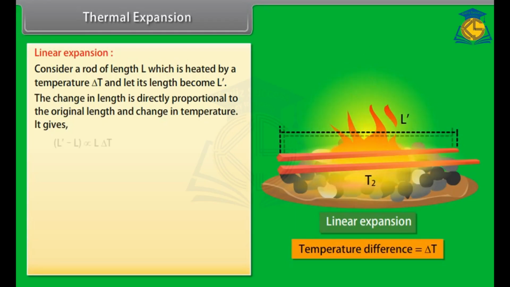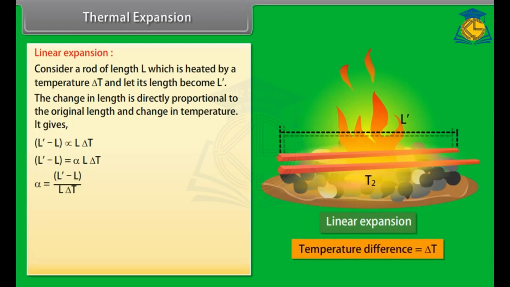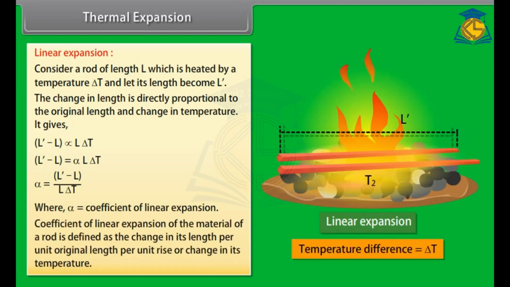It gives L' - L proportional to L delta T, or L' - L = alpha L delta T. The value of alpha is equal to (L' - L)/(L delta T), where alpha is the coefficient of linear expansion. The coefficient of linear expansion of the material of a rod is defined as the change in its length per unit original length per unit rise in its temperature.